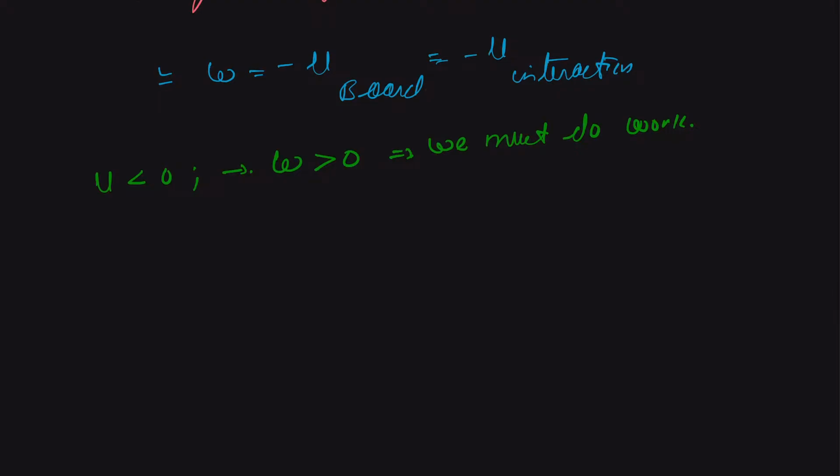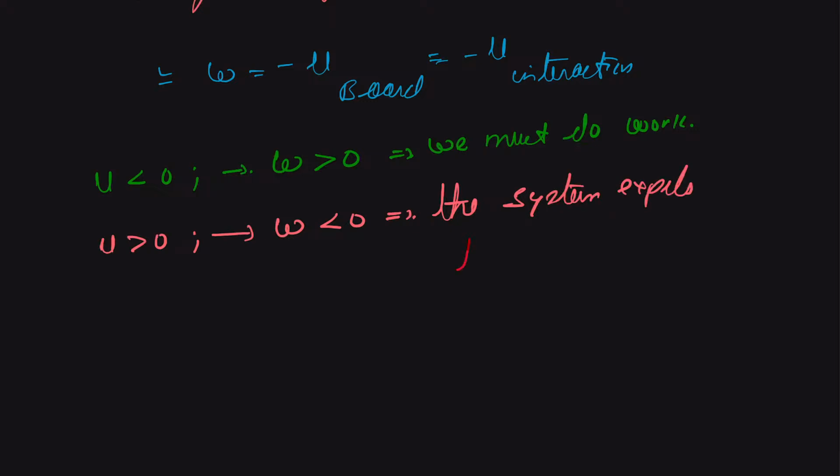And in the second case, if U is greater than 0, this gives us that W is less than 0. Therefore, we can say the system does the work, or we can say the system expels the charge.